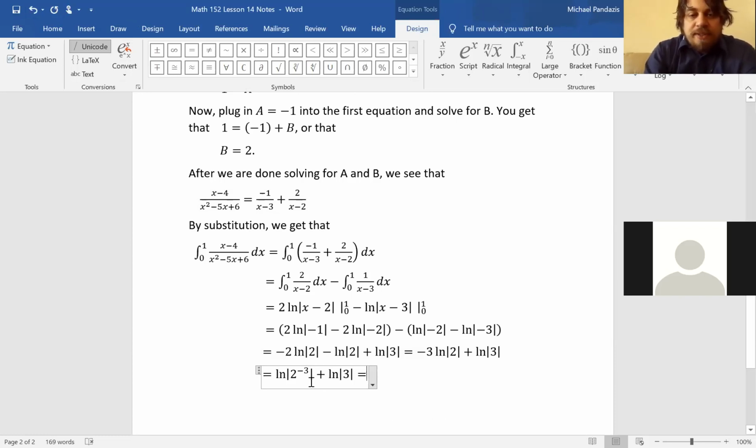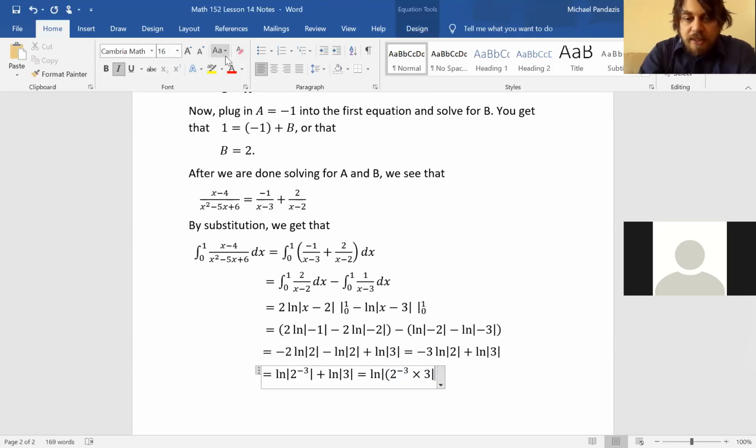Then this is ln, the first law of logarithms. You can see this is ln of a product is the sum of their corresponding logs. So this is 2 to the negative 3, and then times 3. See that? And then close parenthesis. Other way. There we go.